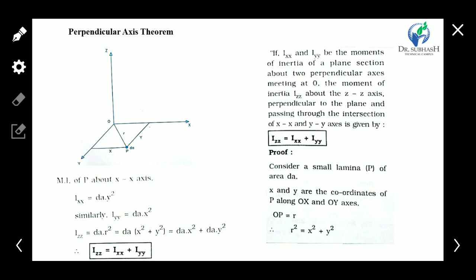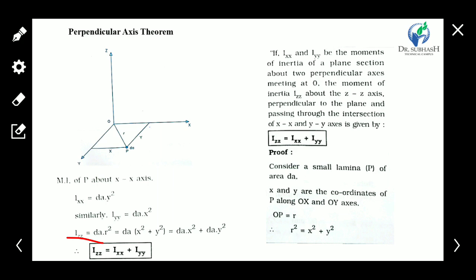Now the moment of inertia about the z axis for lamina P is area into distance square. The area of the lamina is dA and the distance is r, so r square dA is the moment of inertia about the z axis, defined by Izz.